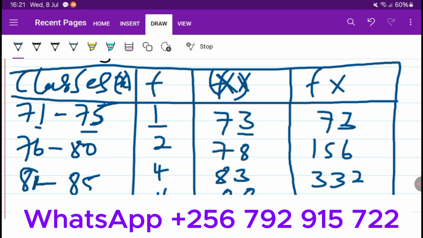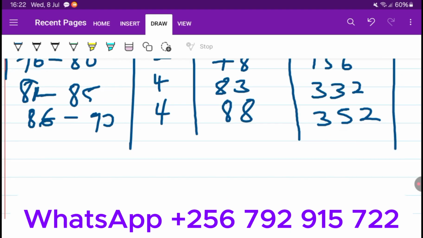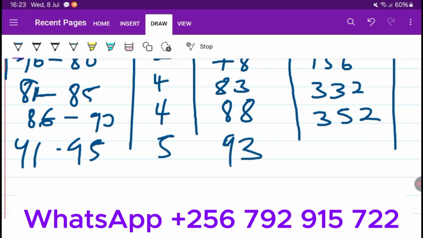Then you sum up this fx and this f. Of course, they had given us the summation f, which is 16.